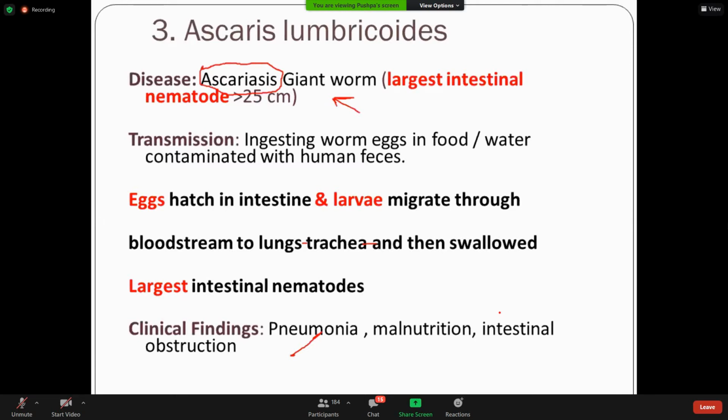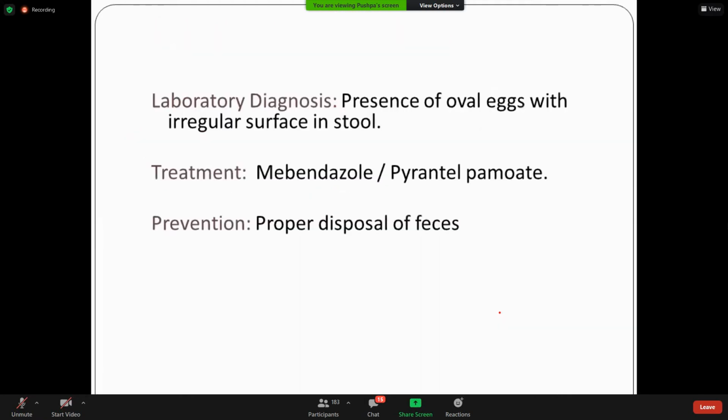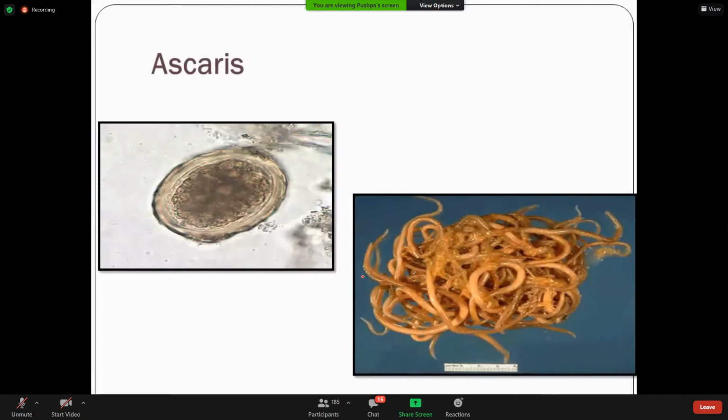Sometimes they can even cause appendicitis when they block the lumen of the appendix. Diagnosis: presence of oval eggs with irregular surface in the stool. Treatment is mebendazole, and prevention is proper disposal of feces. So you can see the irregular surface.